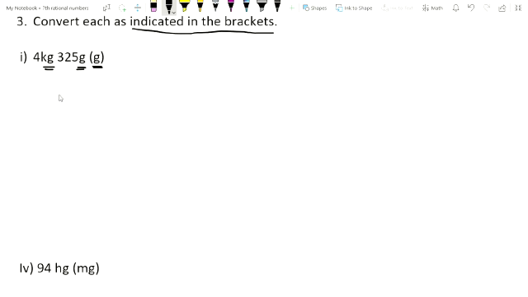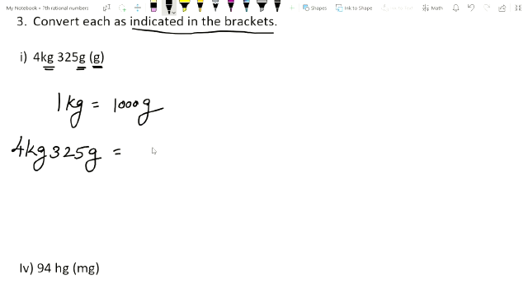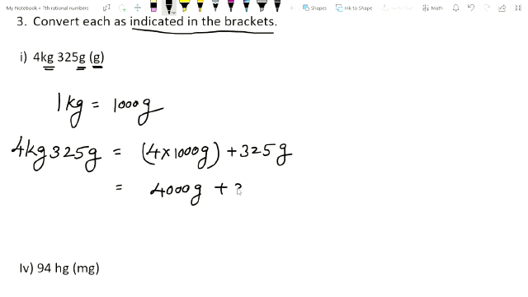You know very well 1 kilogram equal to 1000 gram. So 4 kilogram 325 gram equal to 4 into 1000 gram plus 325 gram. So 4 into 1000, 4000 gram plus 325 gram.